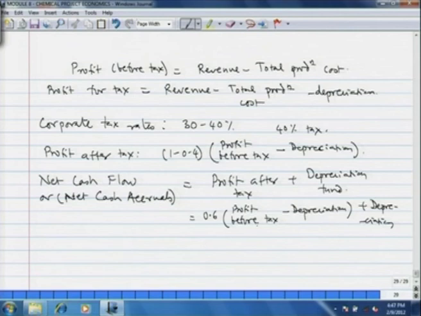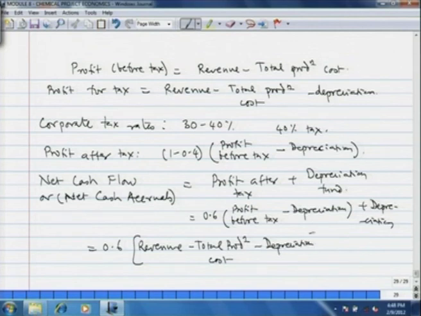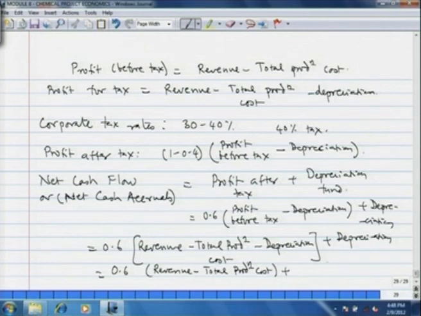and profit before tax is revenue minus total production cost, and therefore what we have is the net cash accrual is 0.6 into revenue minus total production cost plus 0.4 into depreciation.